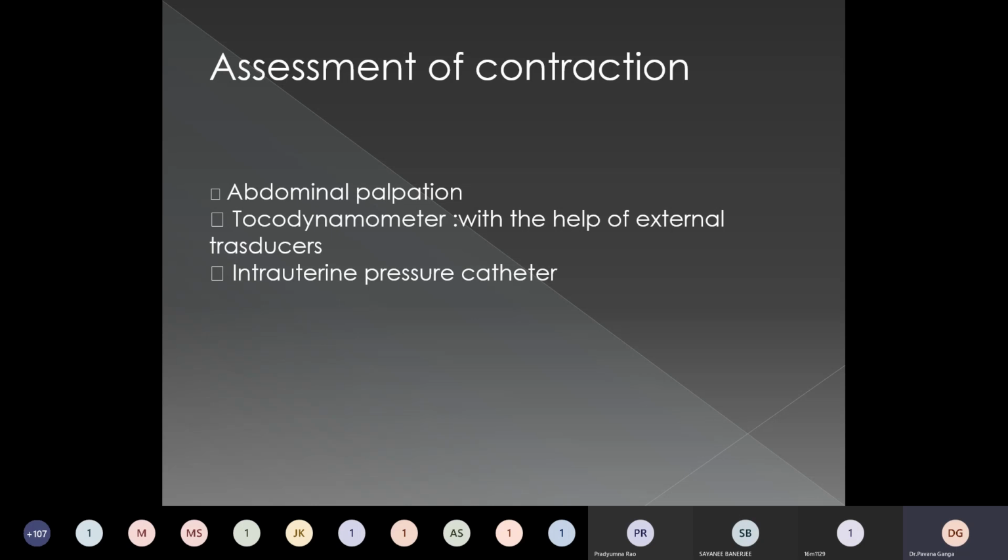So when you place the tocodynamometer, it will show you what the pressure is. Ideally the uterine pressure is either measured in millimeters of mercury or in Montevideo units, or you can just place an intrauterine pressure catheter to know exactly what the pressure is.